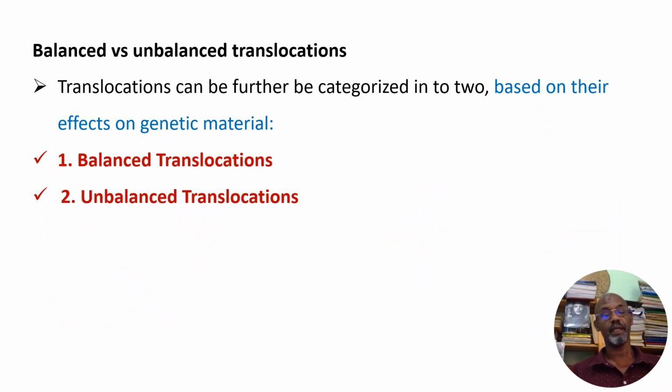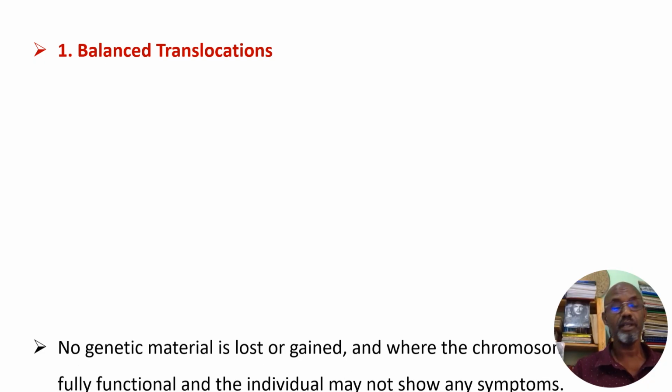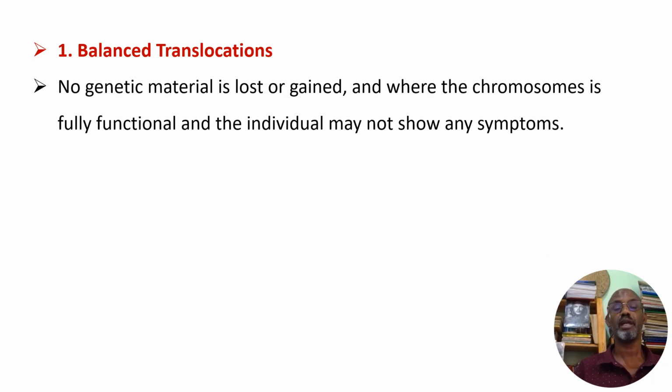Balanced. The other case of discussing translocations is whether the translocation is balanced or unbalanced. Translocations can be further categorized into two based on their effects on genetic material: balanced translocations and unbalanced translocations. In balanced translocations, no genetic material is lost or gained, the chromosome is fully functional, and the individual may not show any symptoms.